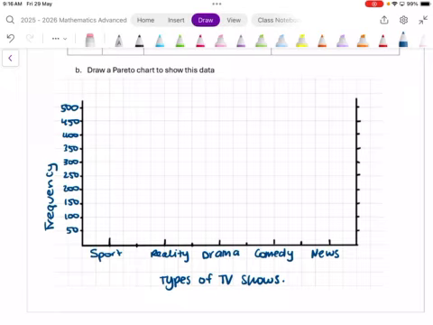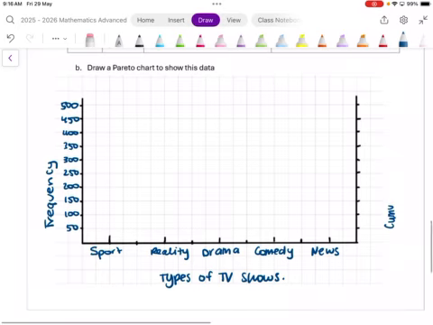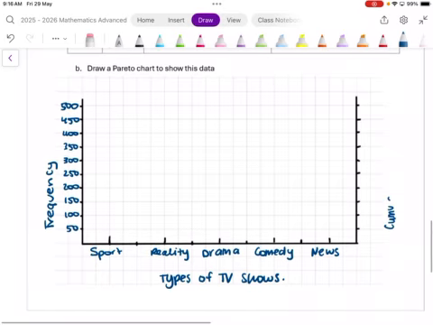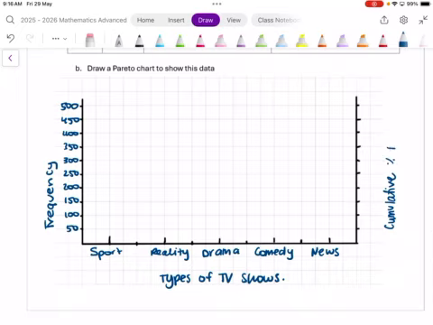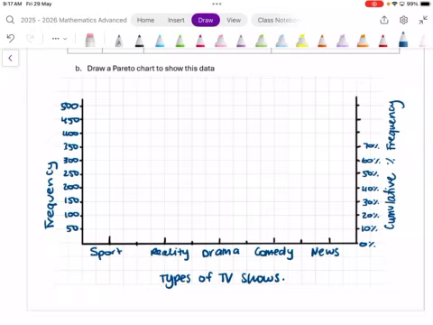So then on our right axis, that's where we're going to have our cumulative percentage frequency. And so we're going to start with 0% at the bottom, and then we're going up by 10. Okay, so that's where, like 250, a frequency of 250 is equivalent to a cumulative percentage frequency of 50%. Does that make sense?